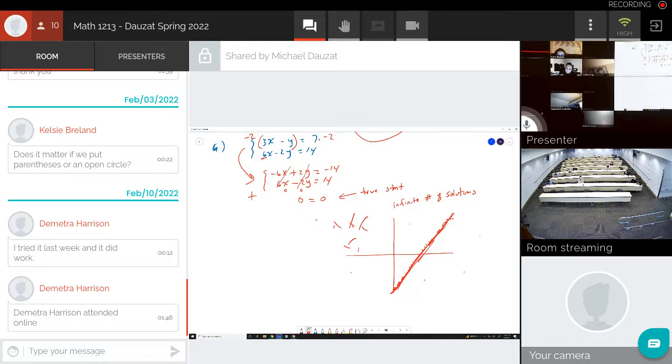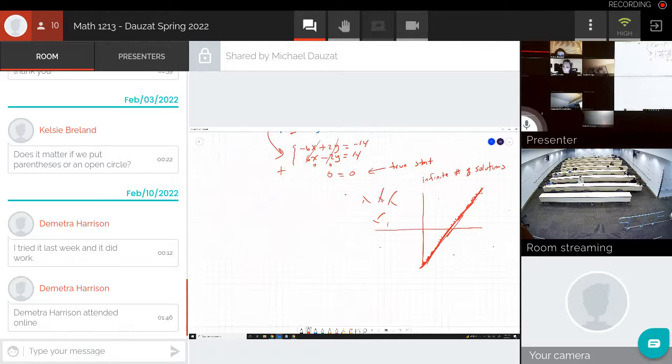Well, it depends on the textbook. So I think on the lesson that you have for that, you write the solution like this. So you can write it as a set builder notation. So you're going to say this.